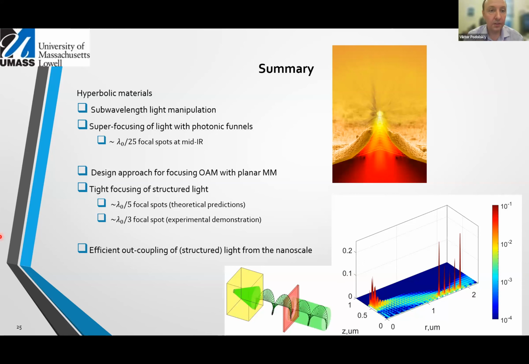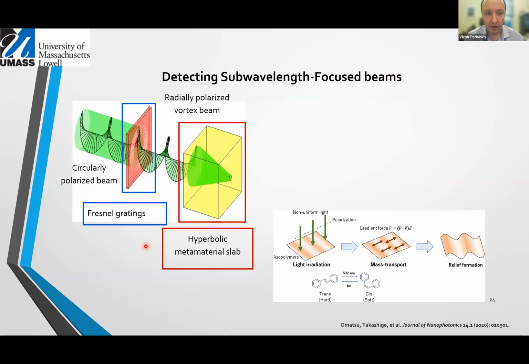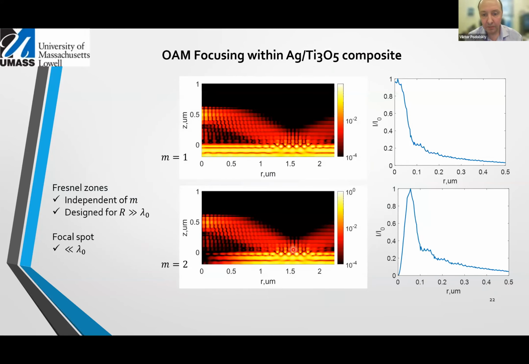And I showed, let me scroll back, that the same design can focus both m=1 and m=2 beams. So they both get focused with the same hypergrating. The structure of light in the focal spot is very interesting. So we're still looking at this one.